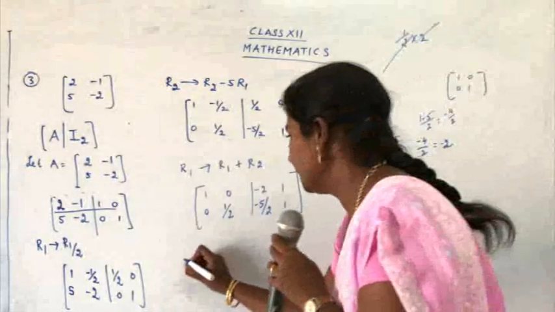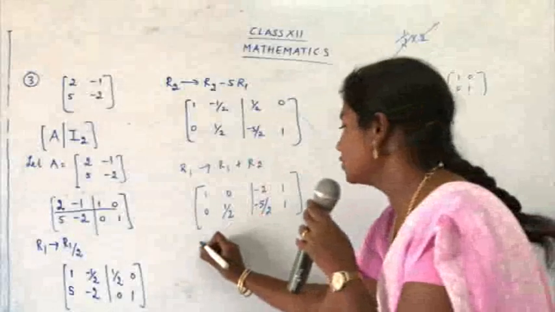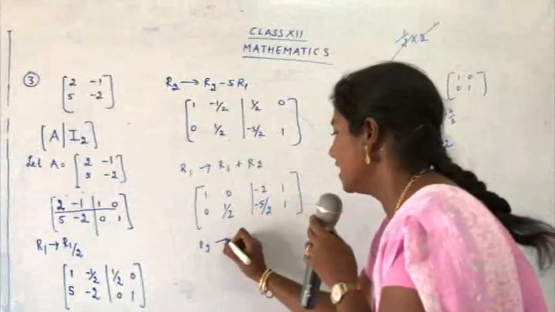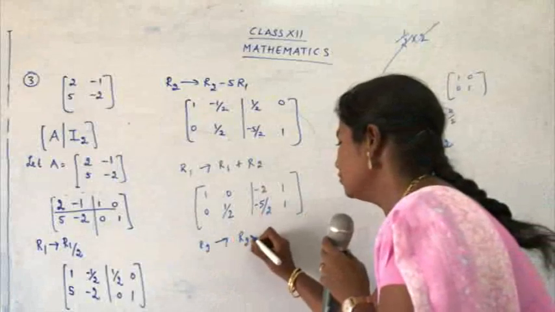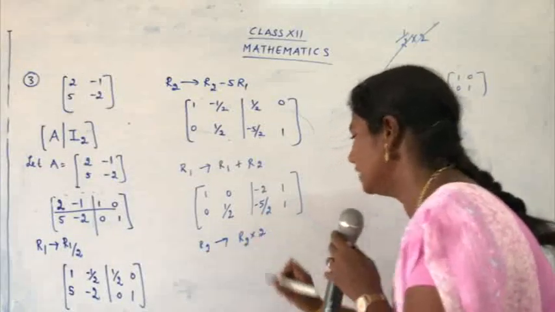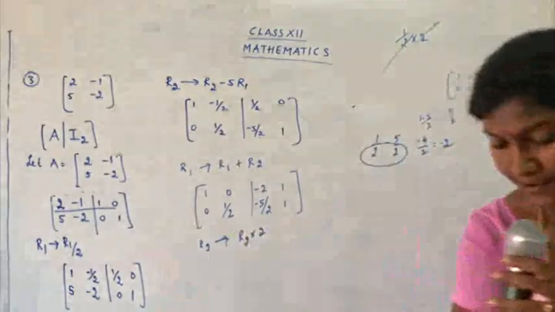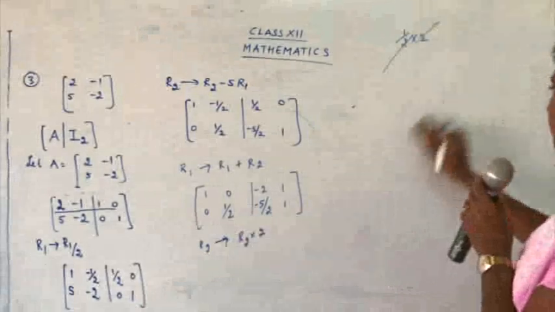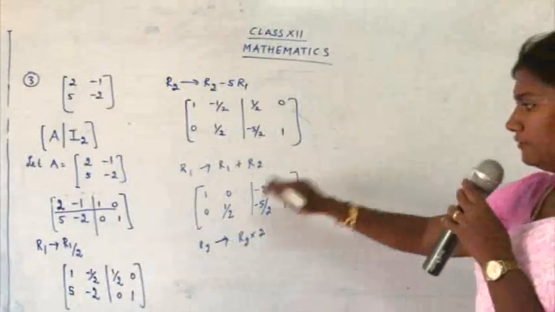So what is the transformation first of all? R2 is getting changed, children. So R2 changes to R2 multiplied by 2. So you can just write here R2 multiplied by 2. So what do you get? There is no change in the first row.